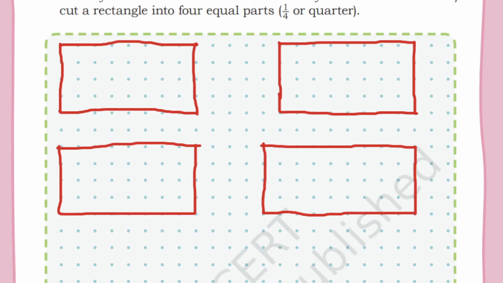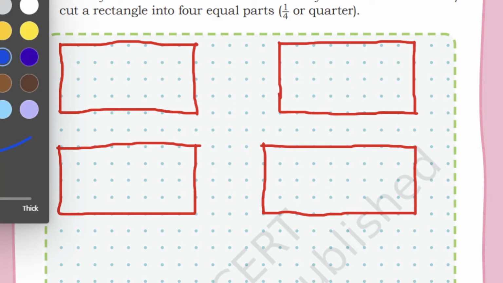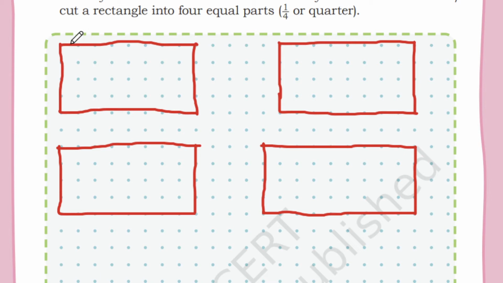Okay, so I'm going to change the color to blue. So let's see, four equal parts. First I will draw the easy one. I'll make a line. So now this is two equal halves, and this is four equal halves. And next I'll do this one.